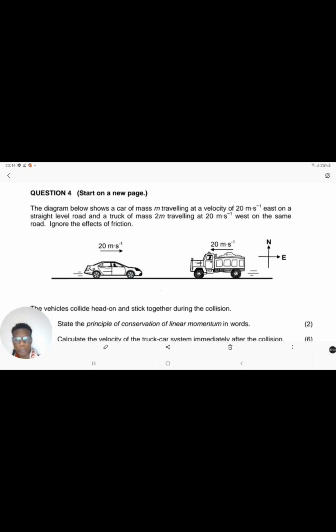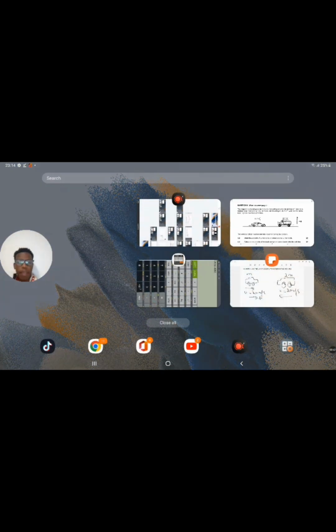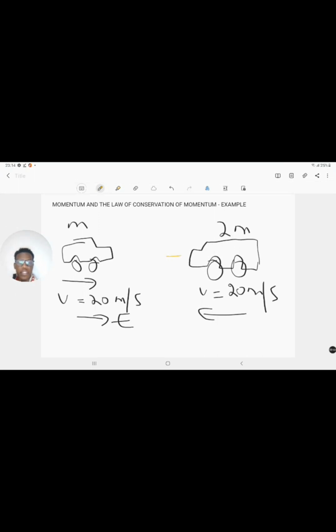The question further down says, the vehicles collide head-on and stick together during the collision. So as these vehicles approach one another, they meet at a point and collide.